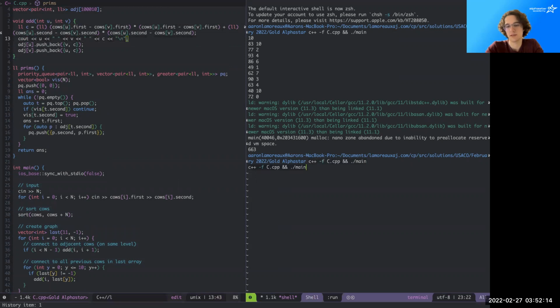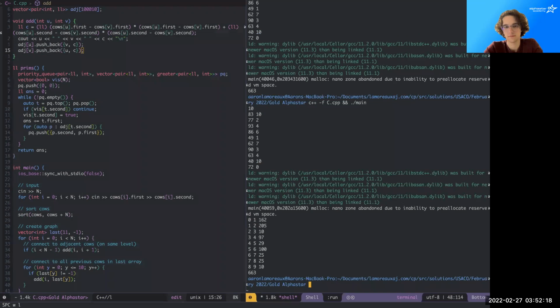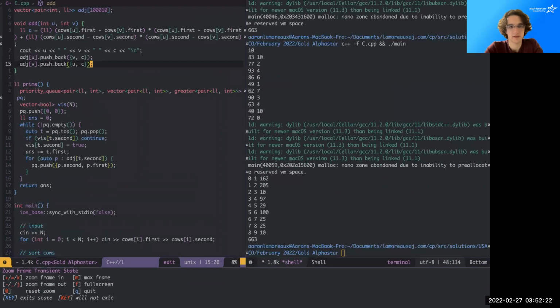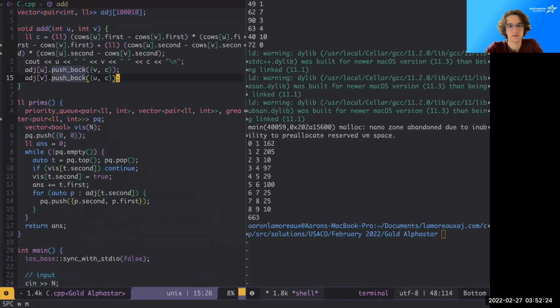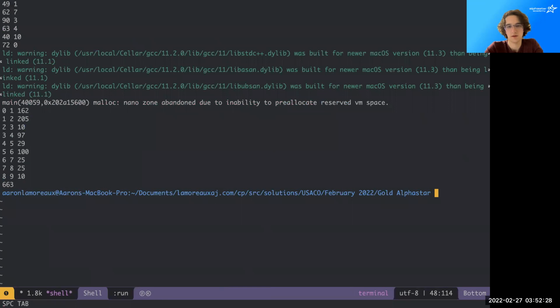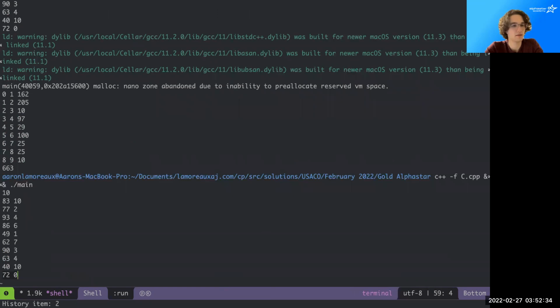Let's print, at least to see what edges are being added to the graph. It's a little hard to see, so I'm going to make this bigger in general. Well, that's easier for you to see. You can ignore the warnings. Those are not because of the code.